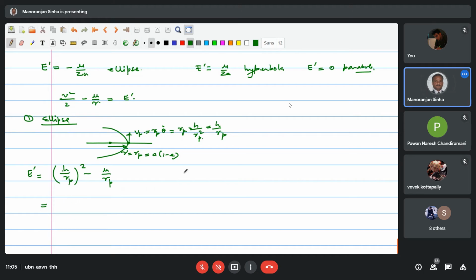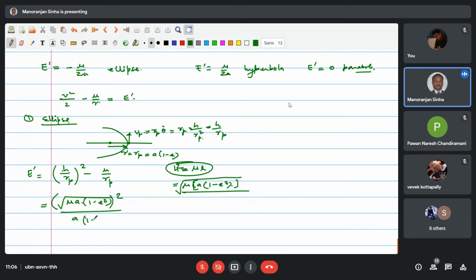h is also equal to root of mu times l, as we have worked out earlier while doing the conic section part, the central motion part. So h square is mu times a times 1 minus e square. This will appear as a root here, mu a times 1 minus e square, which is h square, under root of this, whole squared divided by r perigee, a times 1 minus e.